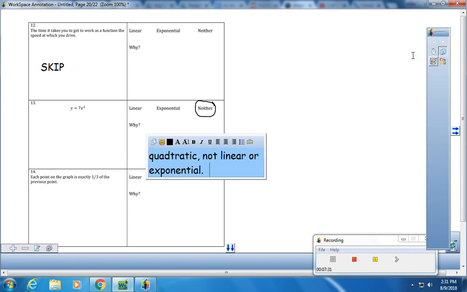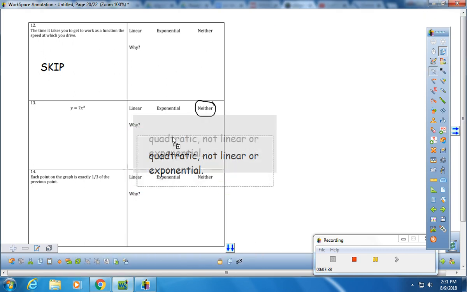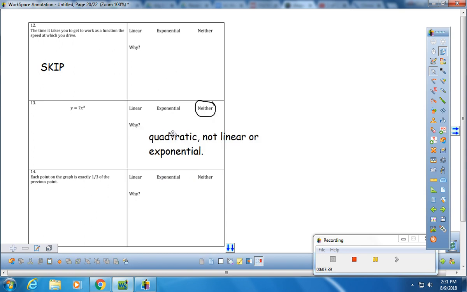But let's just remind ourselves, what is the general linear equation? It would be y equals mx plus b.